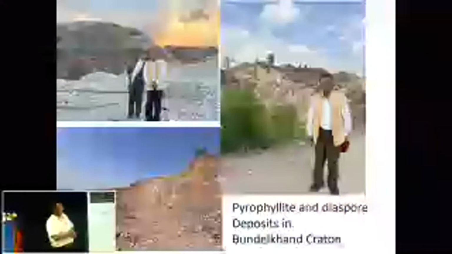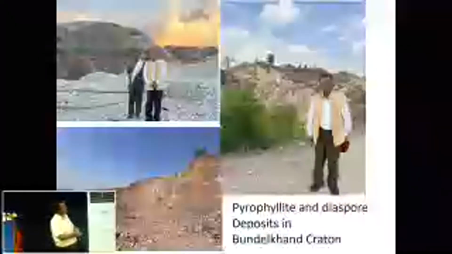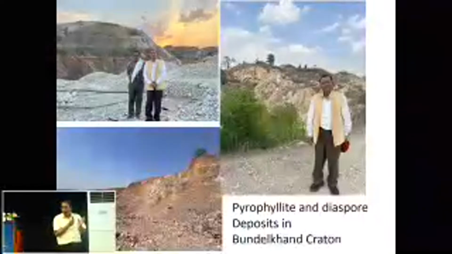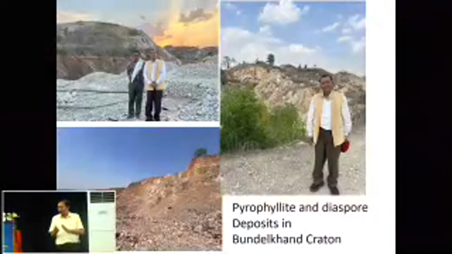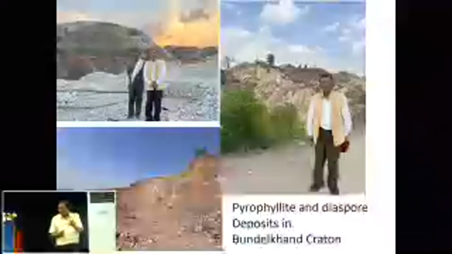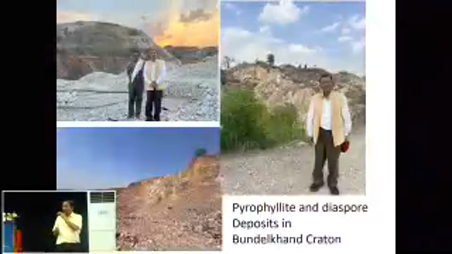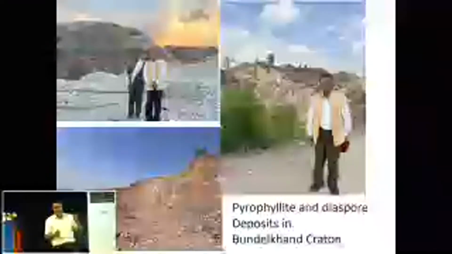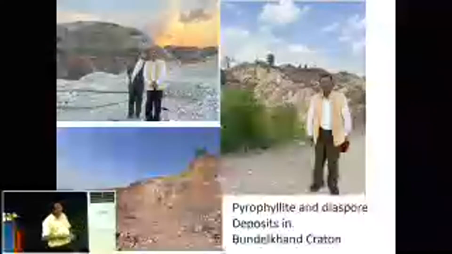You can see the pyrophyllite-diaspore in the Bundelkhand. People are only working on pyrophyllite and diaspore. Nobody is interested in what the other minerals are. In the last month, I visited more than 500 mines in different parts of the Bundelkhand, and I noticed other minerals are there.